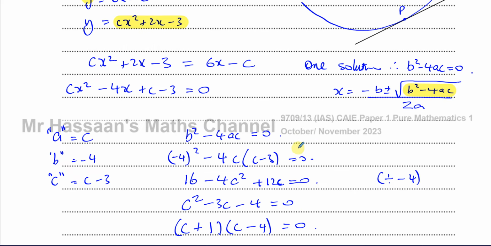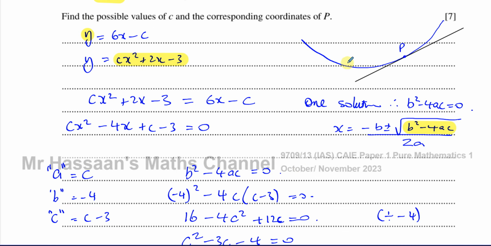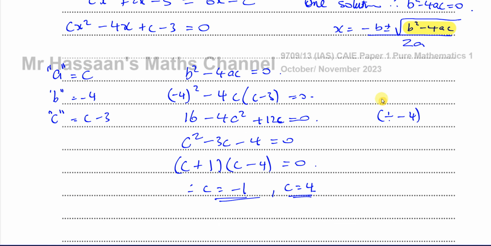And now we've got to find the corresponding coordinates of P. The equation that we solved, which shows where P is, is this equation here. So I take that equation, cx squared minus 4x plus c minus 3, and I take the other equation, which is y equals 6x minus c.